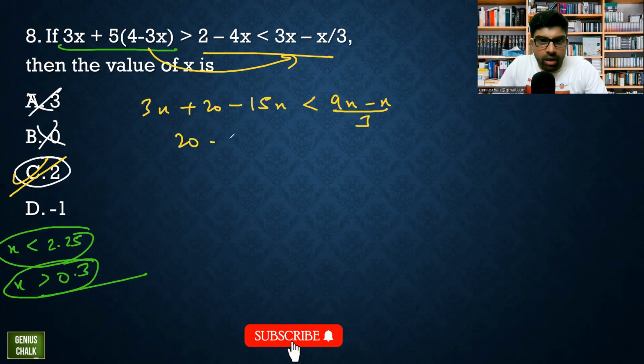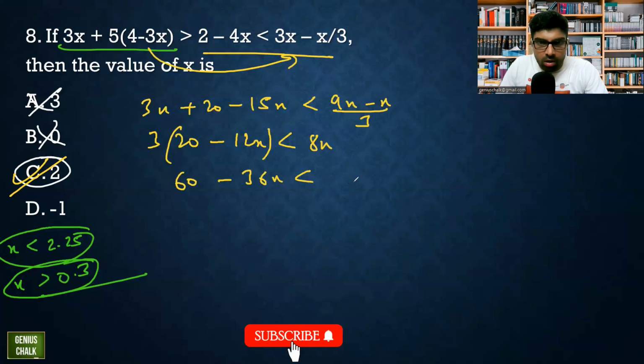This is 20 minus 12x. 8x, multiplying both sides by 3. So 60 minus 36x, 8x. This is coming here 44x, right? 8x I have subtracted, so this is coming here, and this is 60.